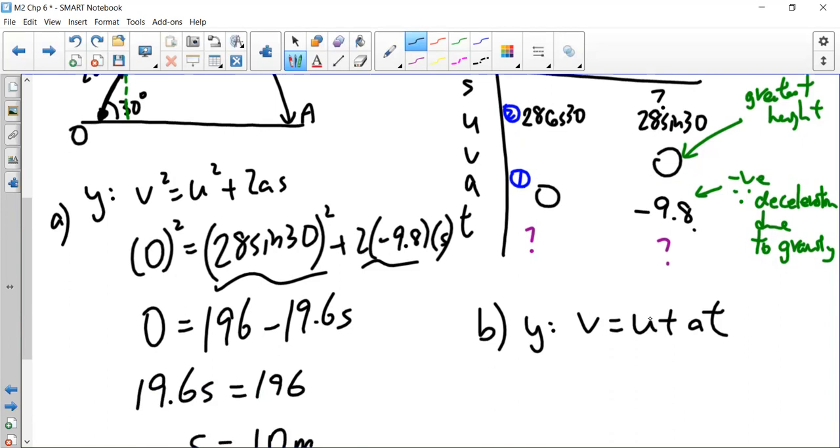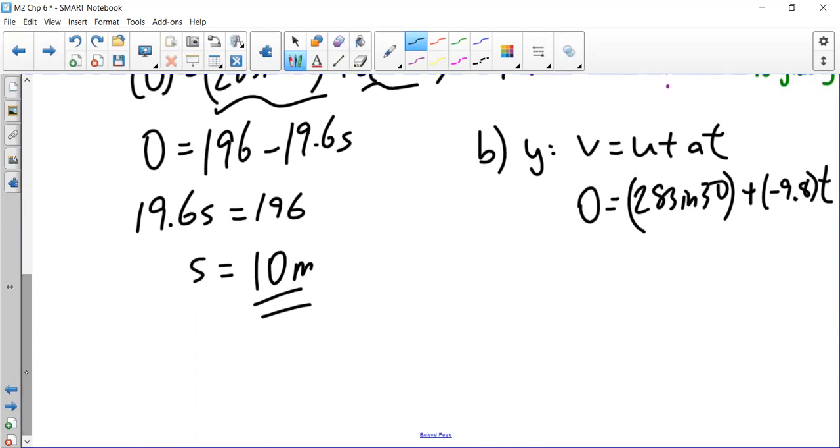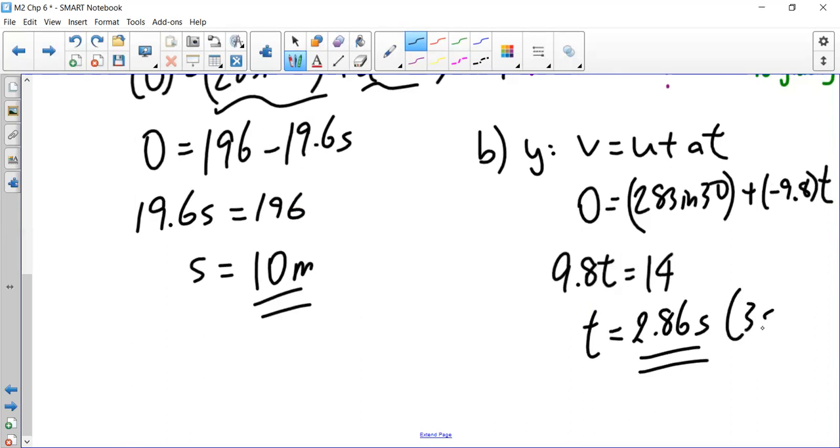So V is 0, U is 28 sine 30, A is negative 9.8 times T. So 28 sine 30 is 14. So I'll bring the 9.8 to your left hand side. 9.8T equals 14. T equals 14 divided by 9.8, you get 2.86 seconds to 3 significant figures.